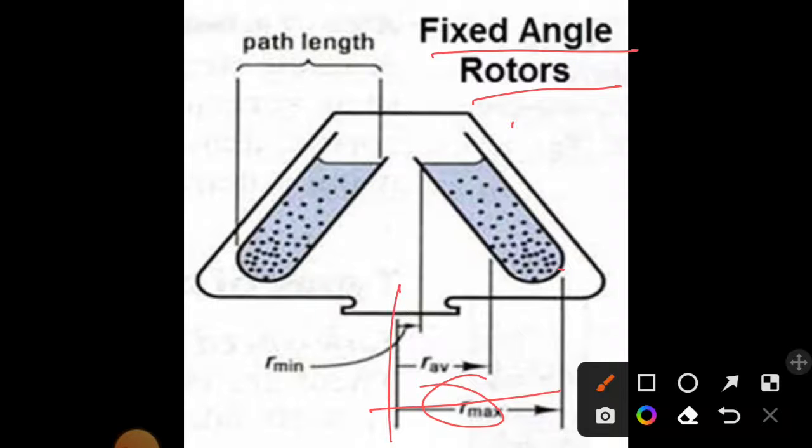So Rmax is the distance up to the bottom of the tube, in both the fixed angle rotor and the swinging bucket rotor.